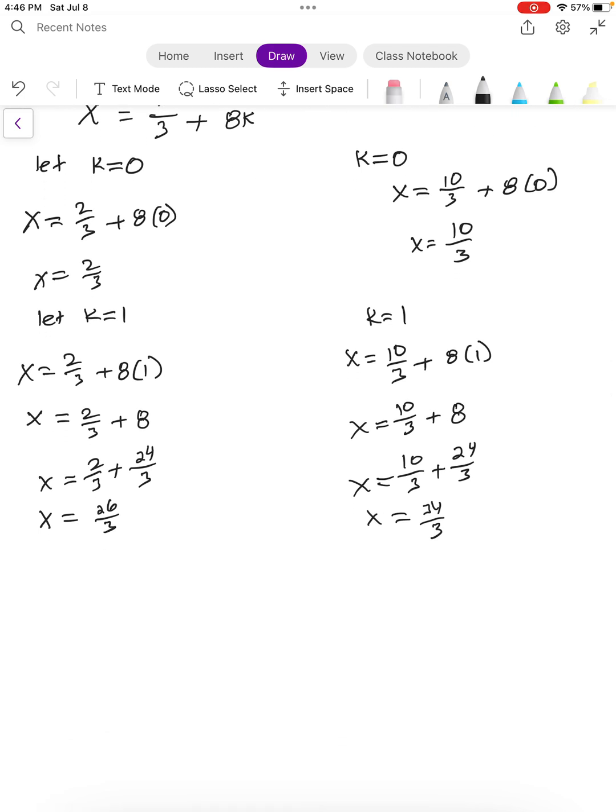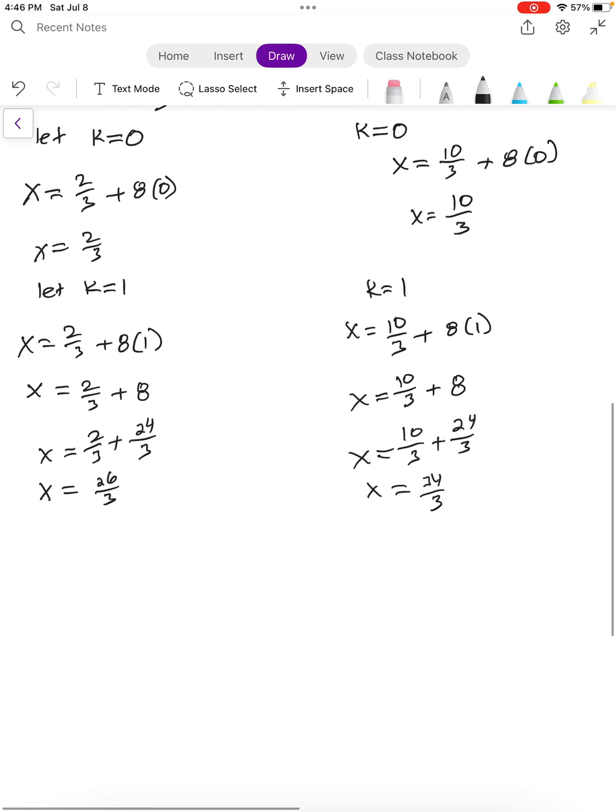But if we let k be 2 here, then we're going to be adding 2 8s, and of course those will be larger than the ones we've already got here. So I believe these are our smallest.